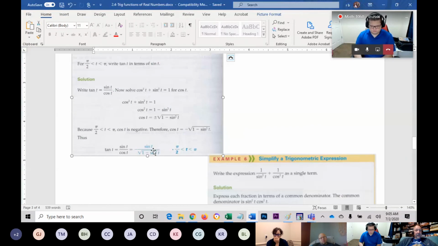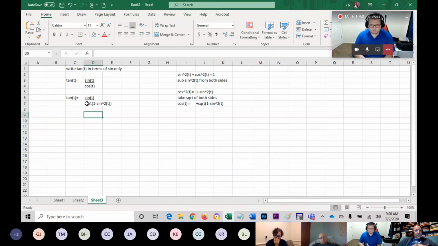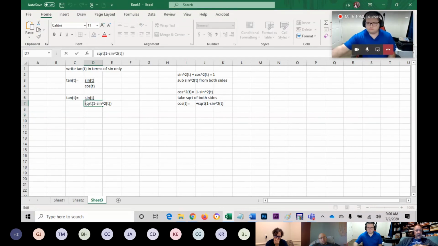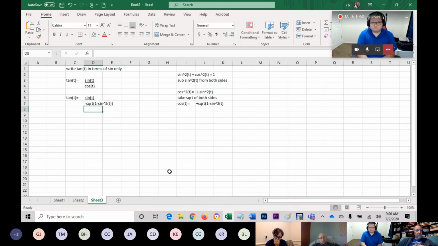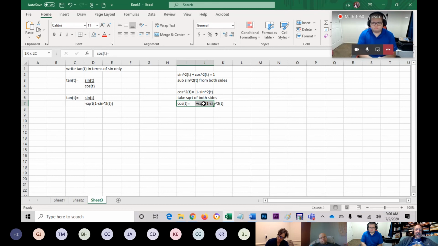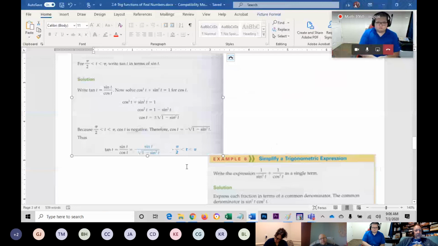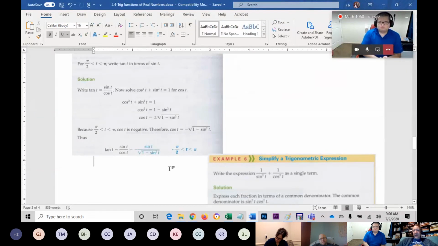The cosine is negative, that's right. So actually, this is the negative square root. Yeah, that's right, because I'm substituting the cosine in here. Cosine is negative in quadrant 2. So that's where we get the negative from. Okay. Does that make sense?